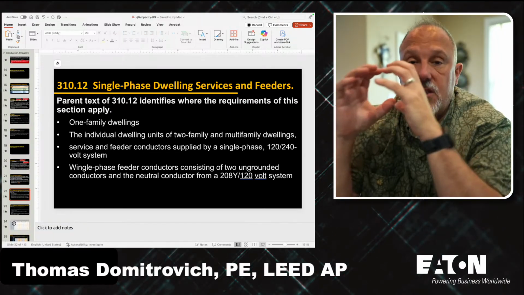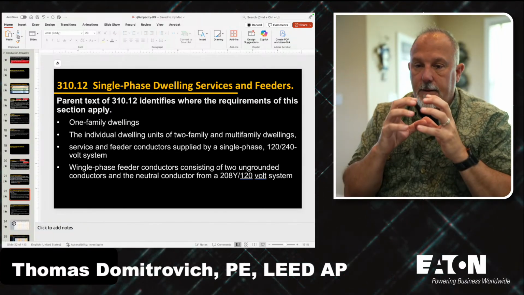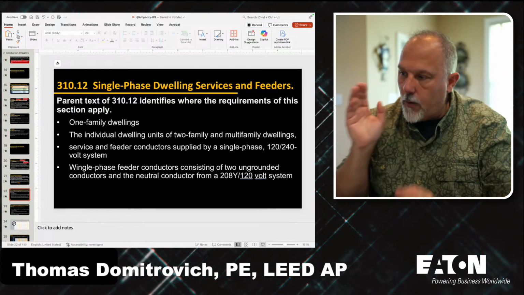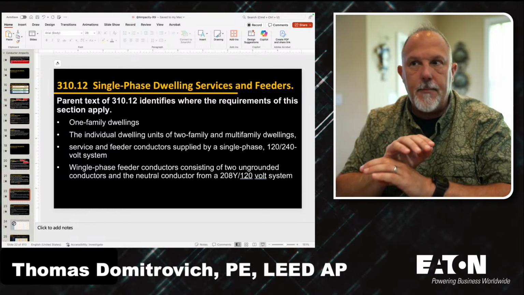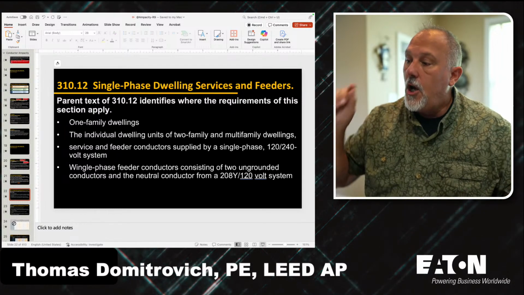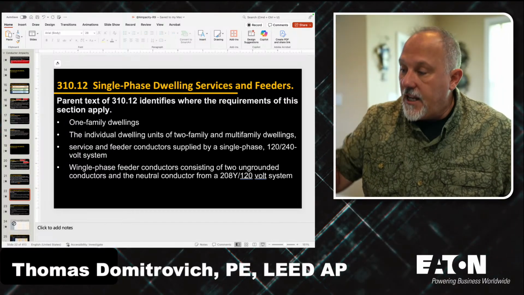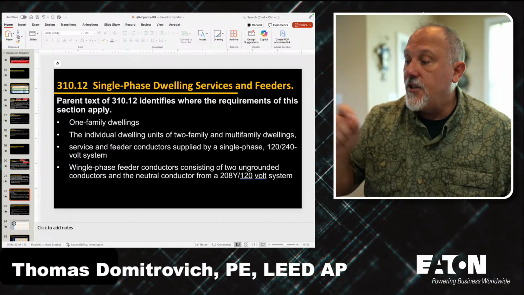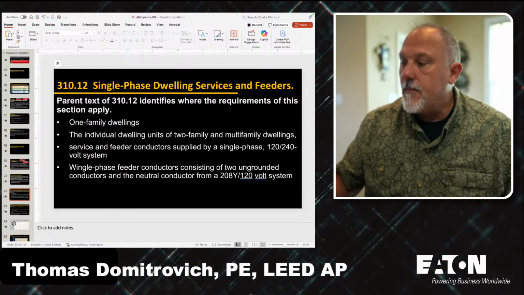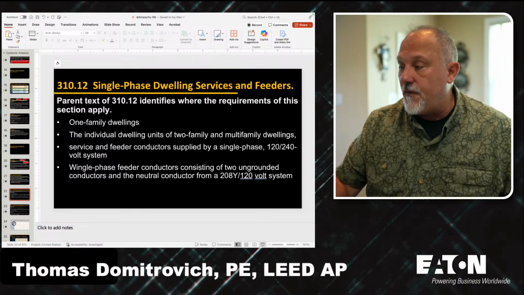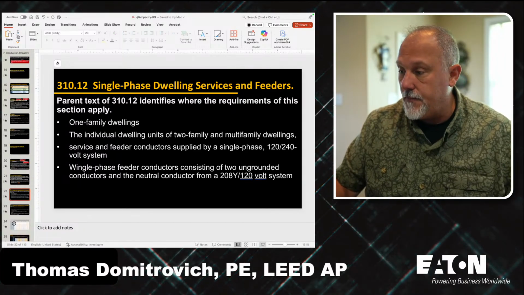So what it's doing is narrowing the focus of where this applies. You just can't apply it to all service conductors, only those for one-family dwellings or individual dwelling units of a two-family or multifamily dwelling, service and feeder conductors supplied by a single-phase 120/240-volt system.